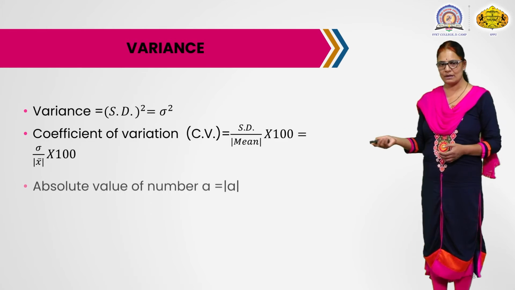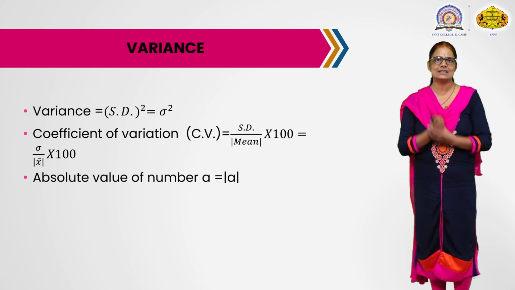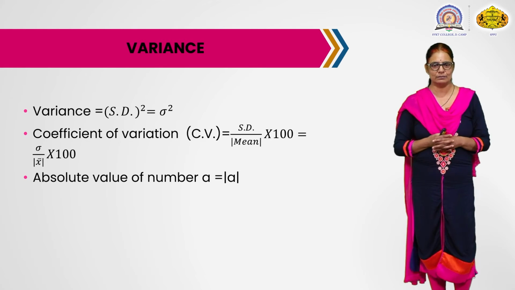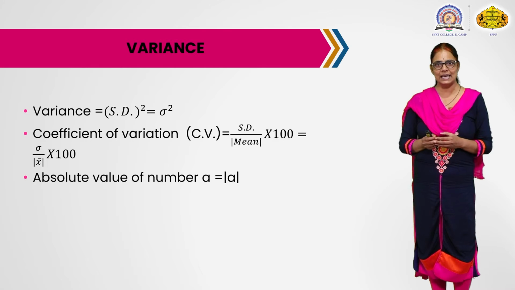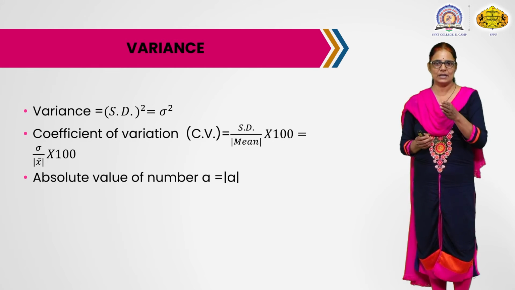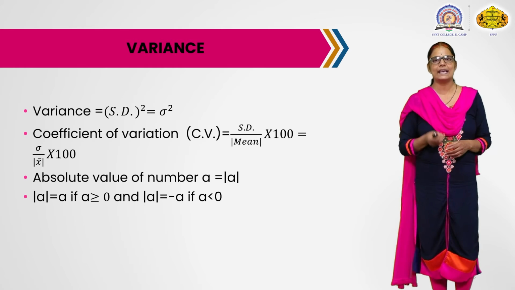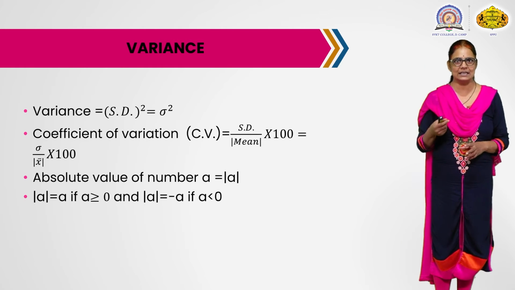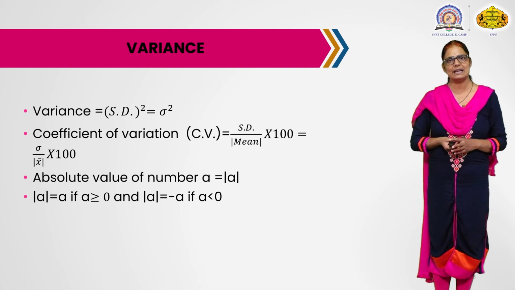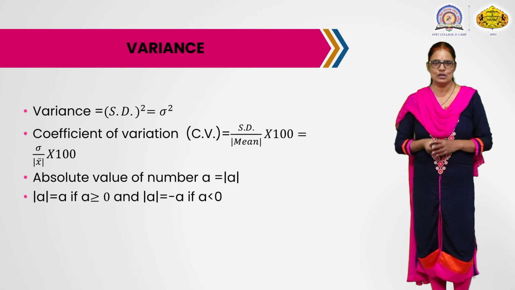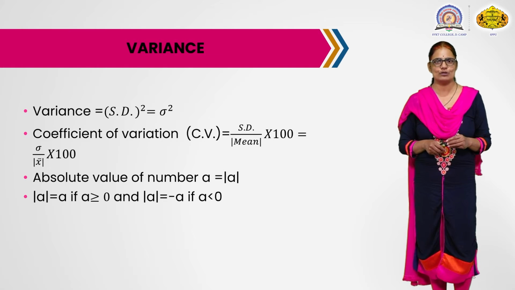Now, first see what is meant by mod. Actually, mod is nothing but the absolute value of a number. Suppose I take the number as a, then its absolute value is denoted by the symbol mod a, and is defined as: mod a is equal to a if a is greater than or equal to 0, and mod a is minus a if a is less than 0. So, remember, mod a is always a positive quantity.